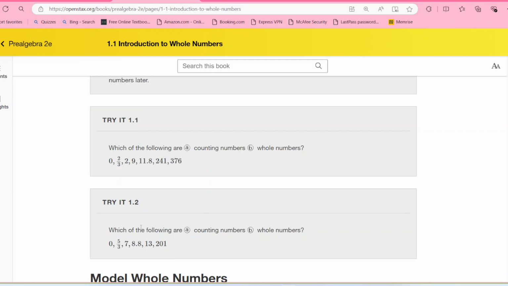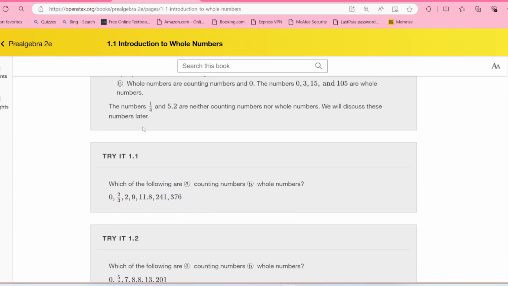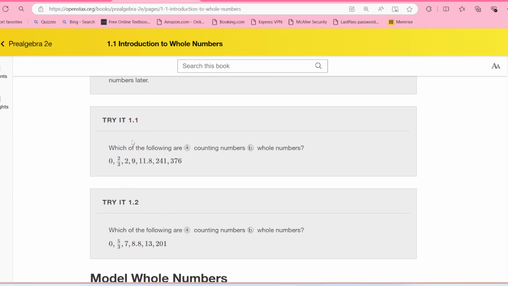Okay, so here's Try It 1.1, same as Example 1.1: which of the following are A, counting numbers, B, whole numbers? All right, so we have 0, 2/3, right? 2 divided by 3, a fraction. 2, 9, 11.8, another decimal.